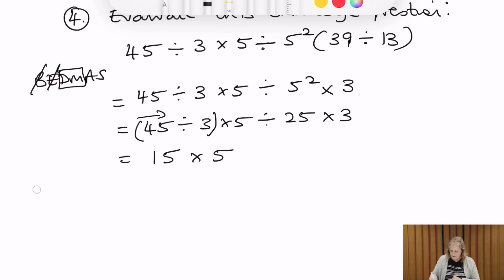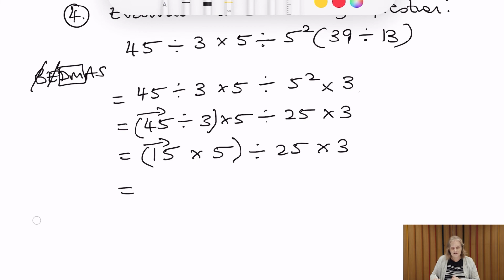We're then multiplying by 5, dividing by 25, and then multiplying by 3. Again, look from left to right, multiplication or division, whatever comes first. So the multiplication is occurring first here. 15 times 5 is going to give us 75. And then we've got the rest of the calculation here. Again, left to right, looking for either multiplication or division.